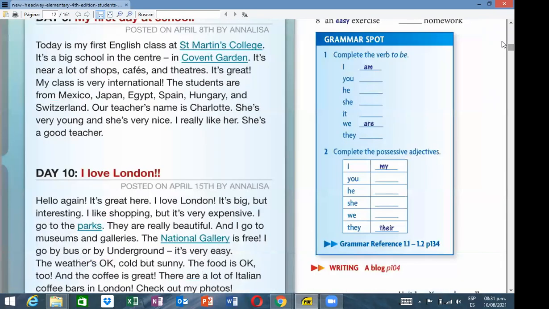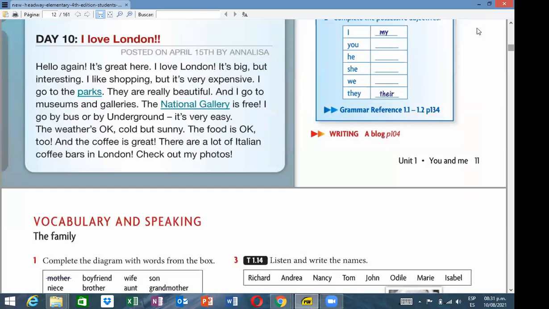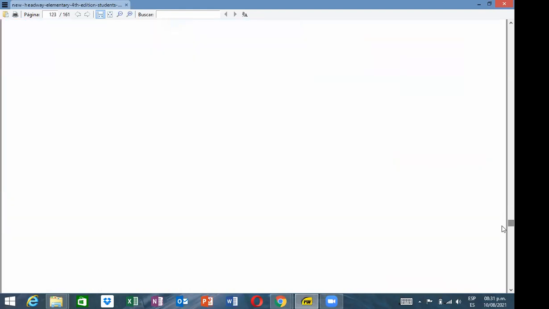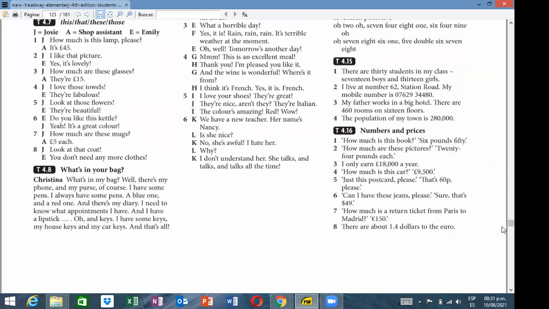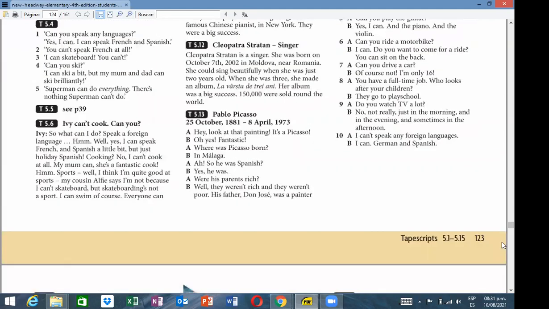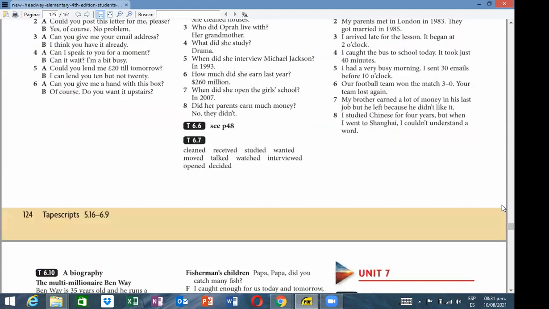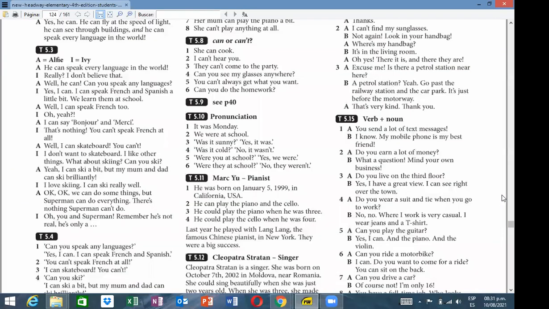Okay, and here you are going to have another homework. That homework is going to be until tomorrow. So let's go, please. A blog. Here you have to write a blog. For that activity, let's go to page 104. Okay, please, students, let's go to page 104. Let's check.